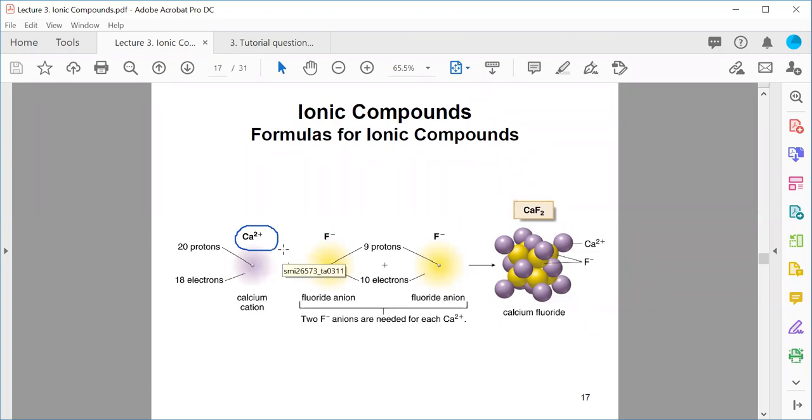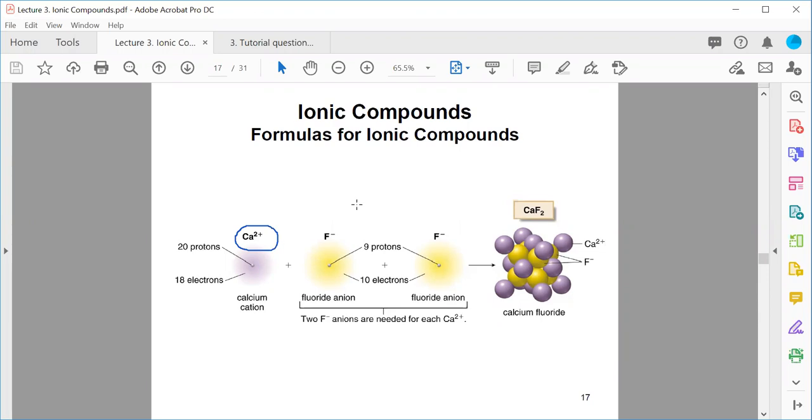Is that another way of saying it wouldn't be neutral? That's right. It would not give you an overall or net charge of 0. The final compound that forms would not have a 0 overall charge.